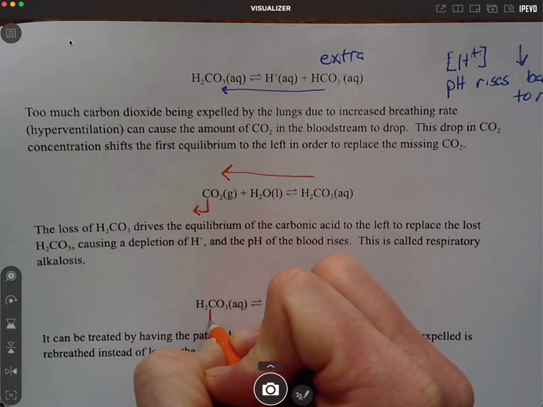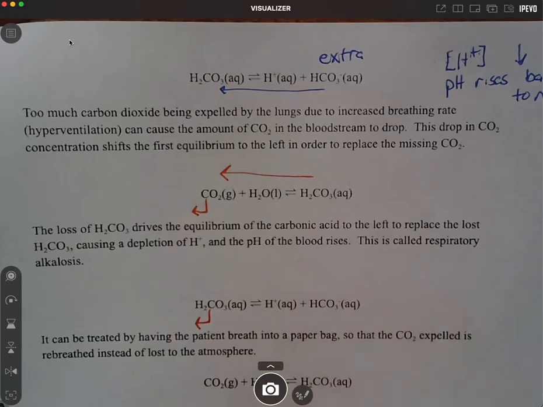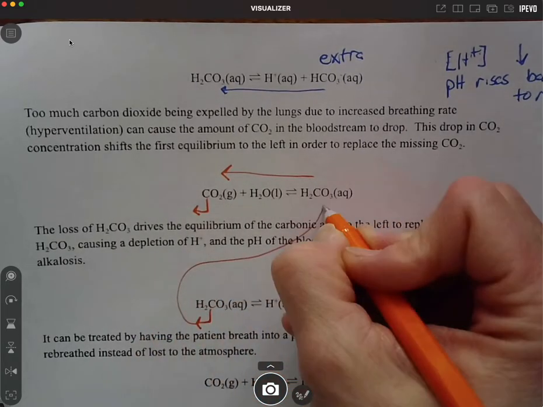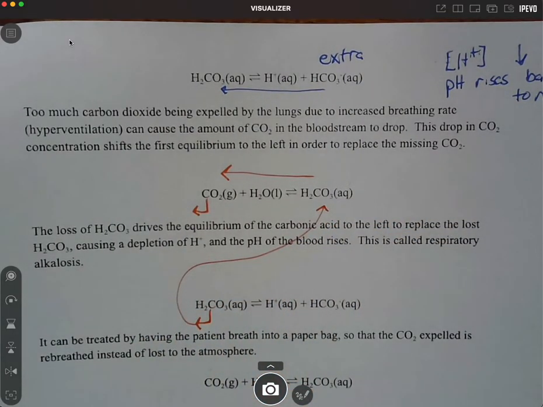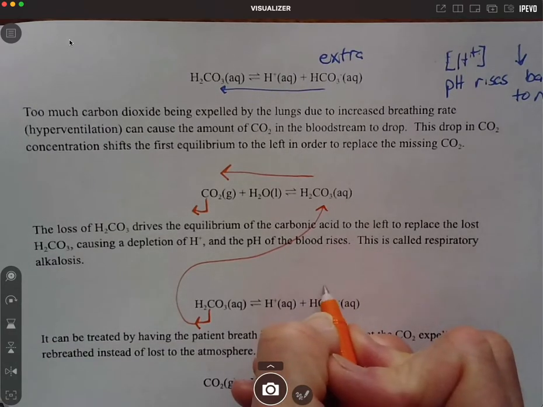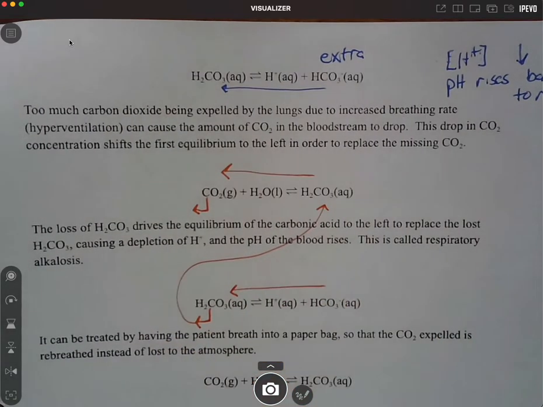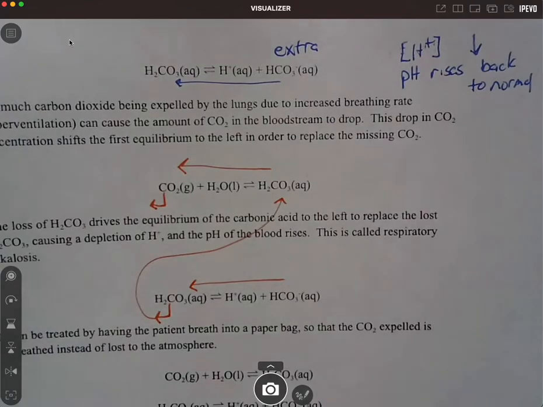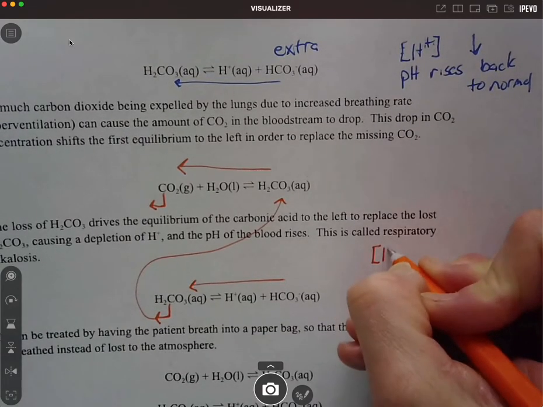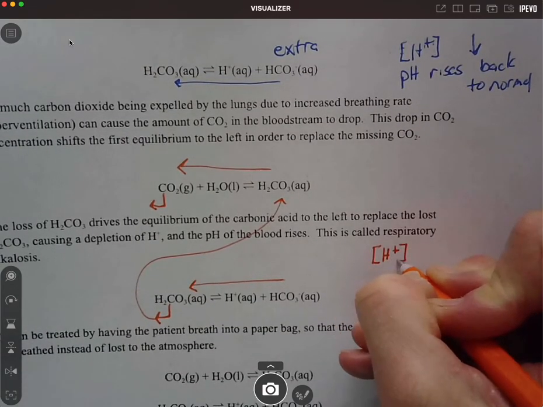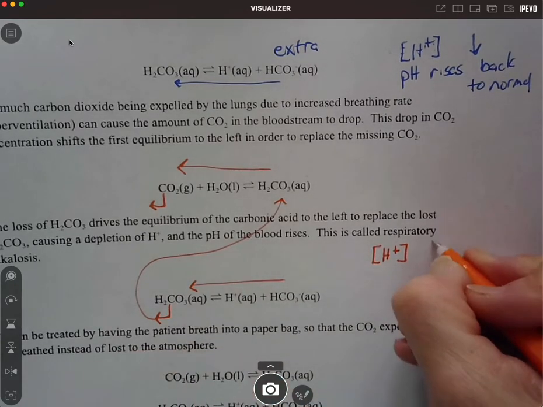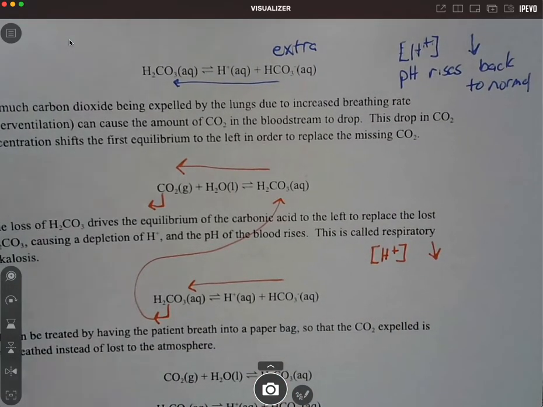That means that we're losing this stuff because it got spent to come up to there, meaning that this equilibrium is shifting that way. And with that equilibrium shifting that way, the concentration of the hydrogen ion drops.